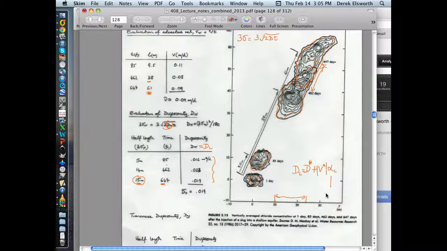This is in units of meters squared over time. Could be days, typically seconds, but in this particular case, since these are in days, it's perhaps easier to do. And so if we assume that, well, what value do we have for this? So this is of the order of 0.02 meters squared per day. What order of magnitude is that if we look in terms of meters squared per second?